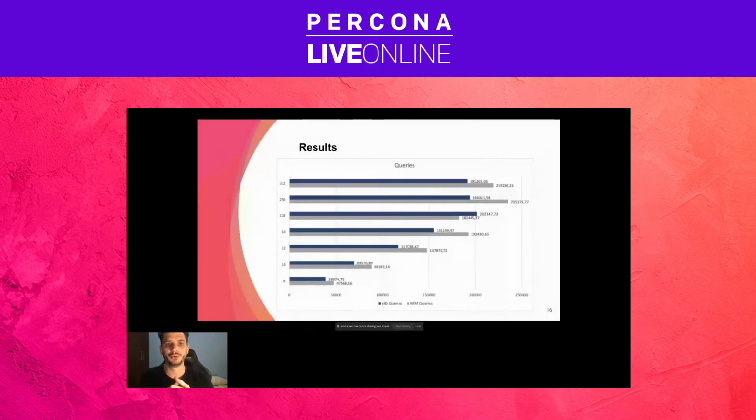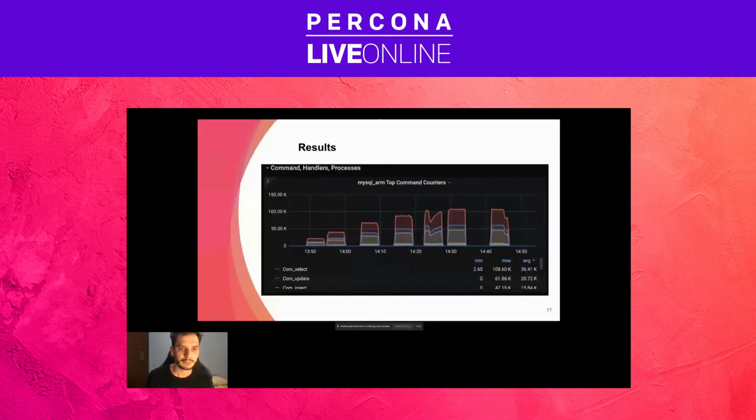If we go to queries, we see the same. It's a significant difference most of the time. Apart from 8 threads, the other ones have a large margin of difference. And if we take a look at PMM, note this is a dashboard of ARM.